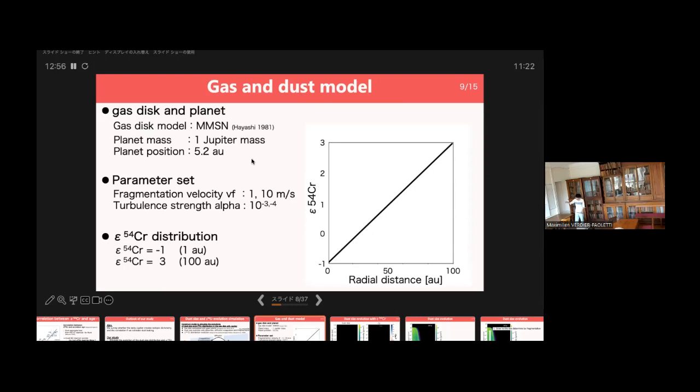So maybe we should update here. In this talk, I set it like this. We also changed some parameters, the fragmentation velocity and the turbulence parameter.